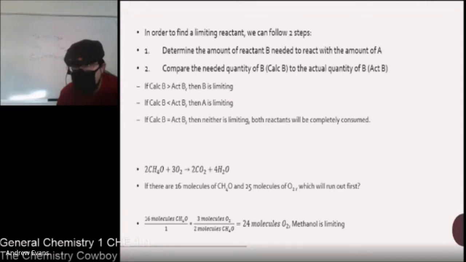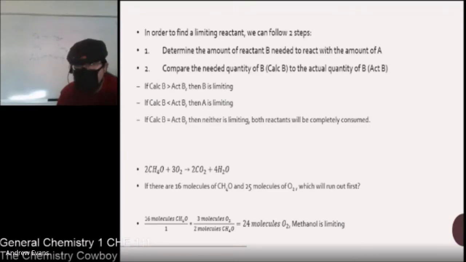If the calculated amount is less than the actual amount, then the A is limiting. So 10 grams of A would react with 8 grams of B and would run out of A. You'd have 2 grams of B left.